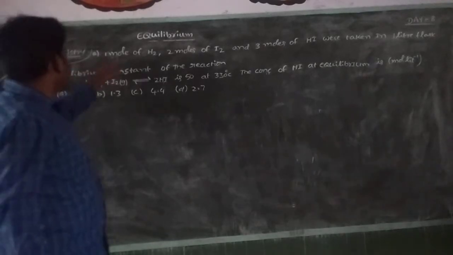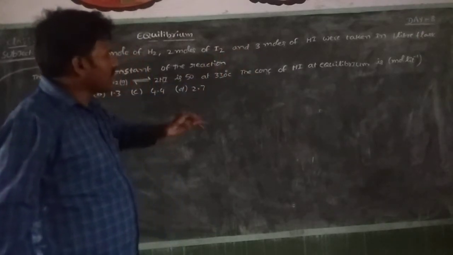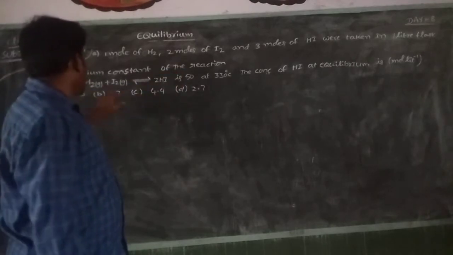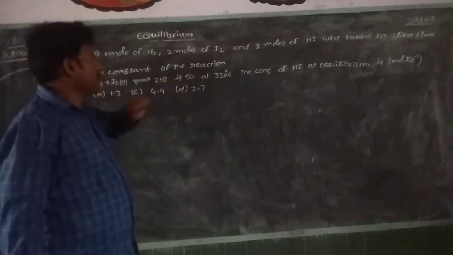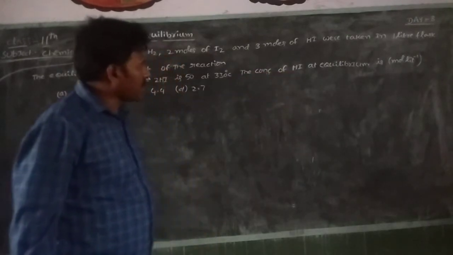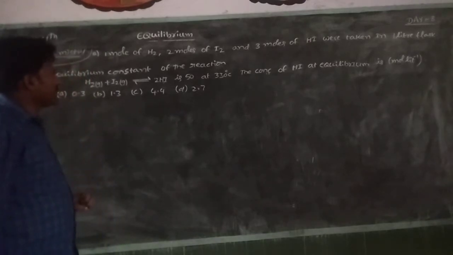Okay, next problem: 1 mole of H2, 2 moles of I2 and 3 moles of HI were taken in a 1 liter flask. The equilibrium constant of the reaction is given as 50 at 30 degrees Celsius. The concentration of HI at equilibrium is in mole per liter. Options are given.